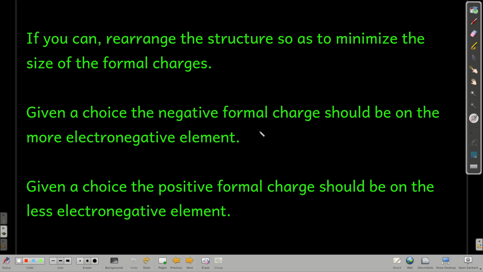Also, given a choice, once you've done everything else, if you have a choice between a negative formal charge being on one atom or the other, it's better to have it on the more electronegative atom. Likewise, if you have a positive formal charge, if you have a choice, it's better to have that positive formal charge on the less electronegative element.